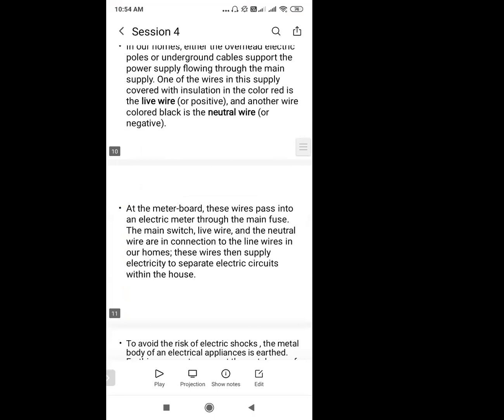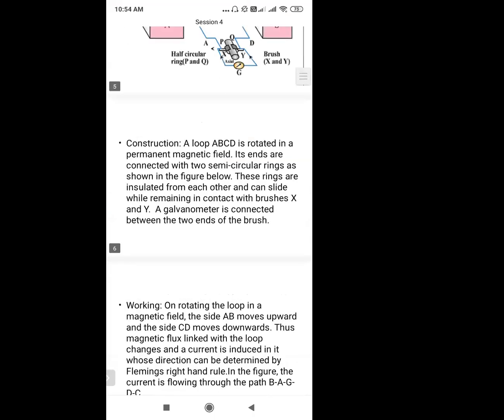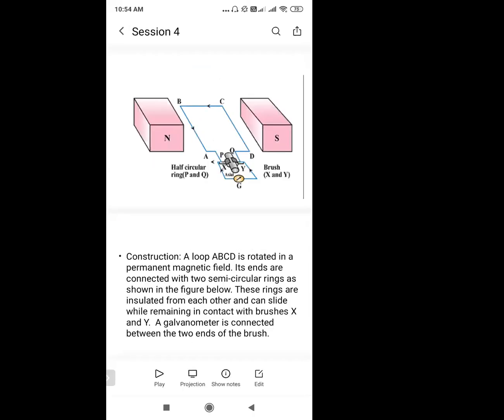Now tell me why the galvanometer is connected there. Am I clearly audible? Can anyone answer? Last time I had explained why the galvanometer is used.